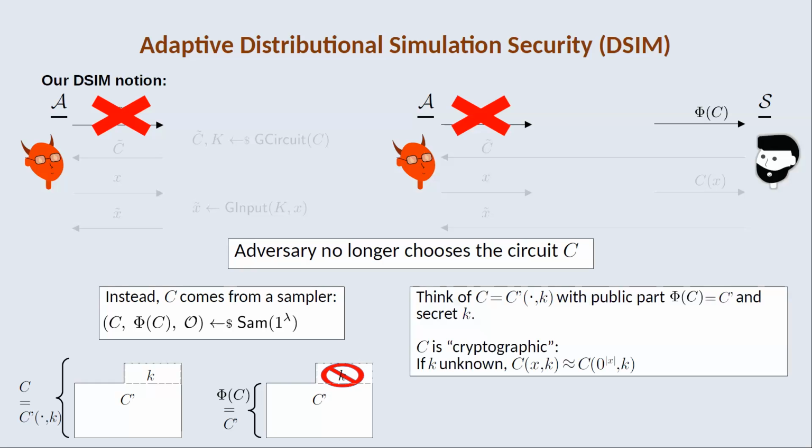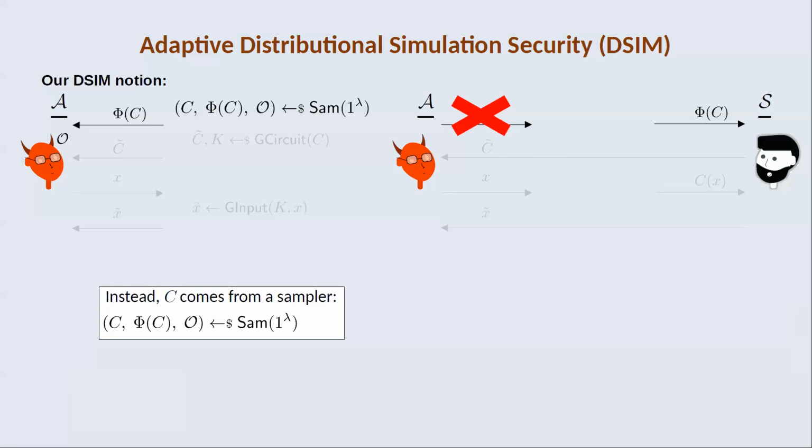And the circuit is cryptographic in a strong sense. That is, if this secret part K is unknown, then for any efficient adversary and for any input, these two distributions are indistinguishable from just zeros, for example, the circuit evaluated on zeros.